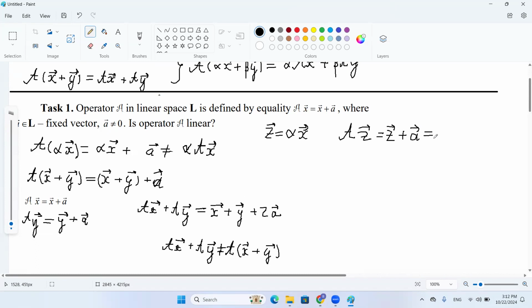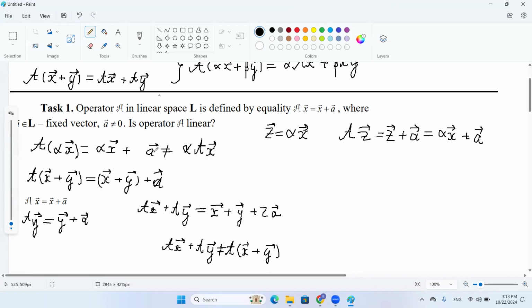And now we don't forget that z equals alpha x. So that's why it's not true. So this condition is also not met.